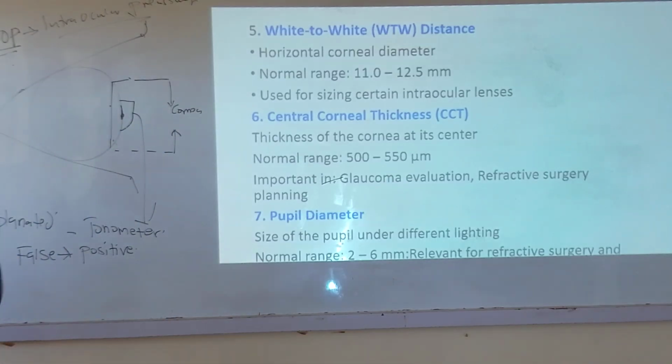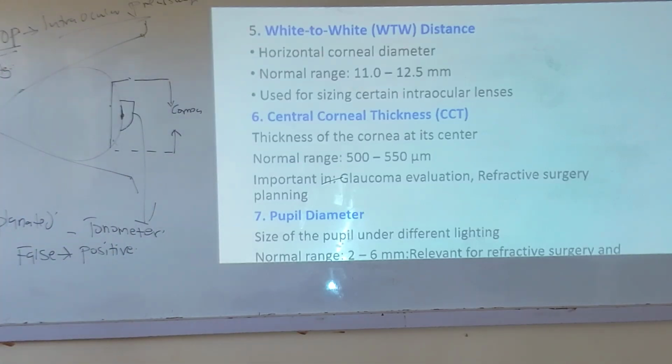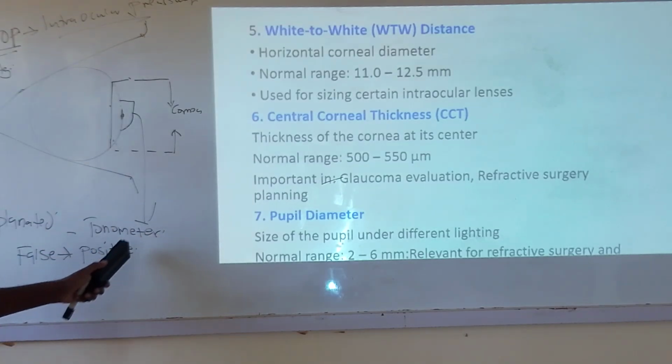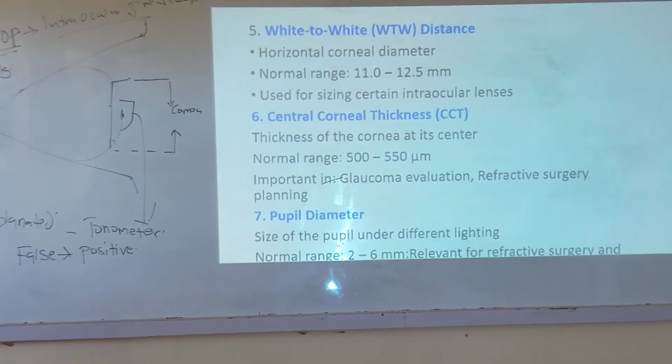So if you have say 22 millimeters of mercury of your eye pressure, but you have a thin cornea, the tonometer will use very little force to compress it, and therefore it can give you maybe 20 millimeters of mercury, which is a false positive.